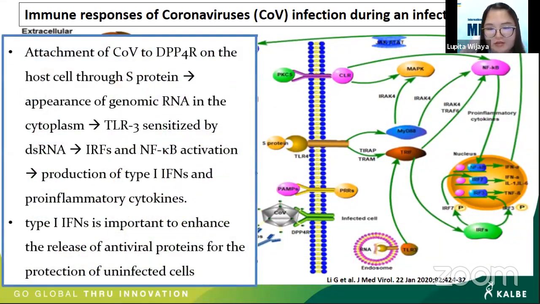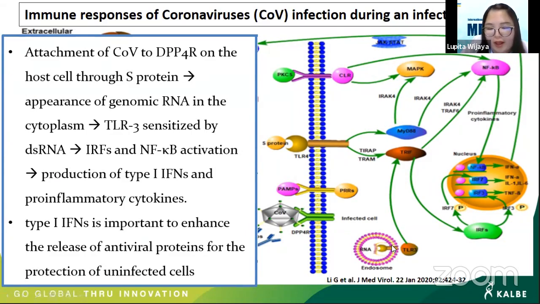And then what happens intracellularly? In the cells, the coronavirus will bind to the peptide receptors and come into our body's cells, and in the cytoplasm the coronavirus will bind to RNA. But our body can give a good response if it has a good immune system.